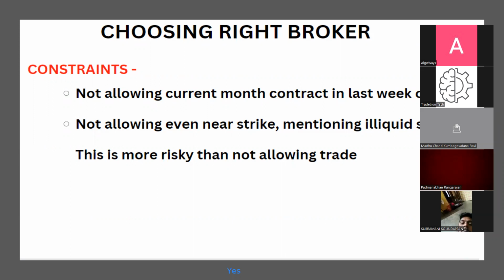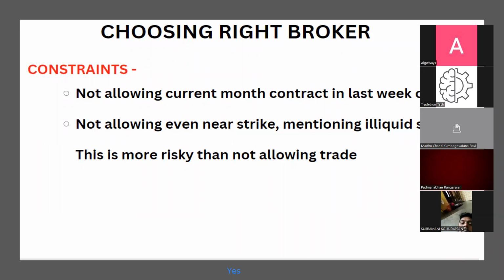And when it tries to execute PE, as per this broker's criteria, they may find it illiquid and trading is not allowed. So it becomes more risky, because one leg has executed and the other leg has not been allowed by the broker. So the strategy will go into error, and that error cannot be cleared from your end because the broker is not allowing the trading. So in that case, we have to exit the trade completely and sit quiet.